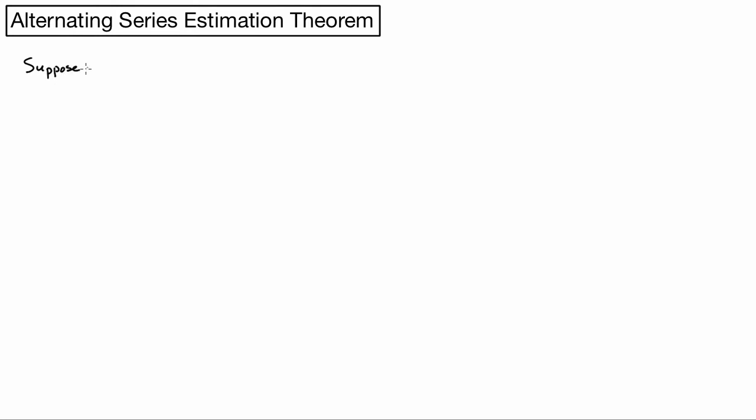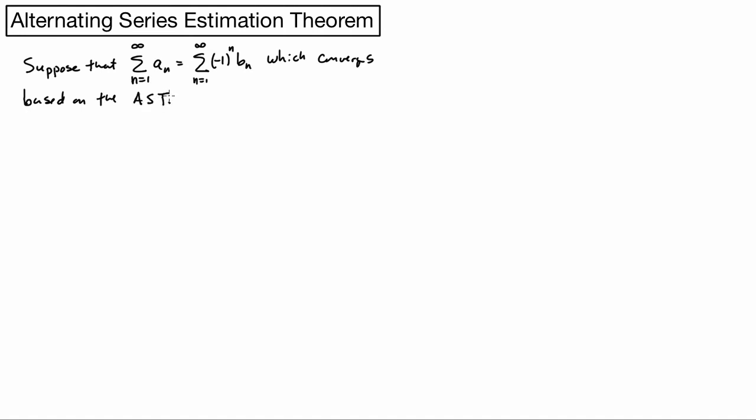Suppose that we have an alternating sum of the form minus 1 to the n times some bn, which converges based on the alternating series test. So we have a convergent alternating series.